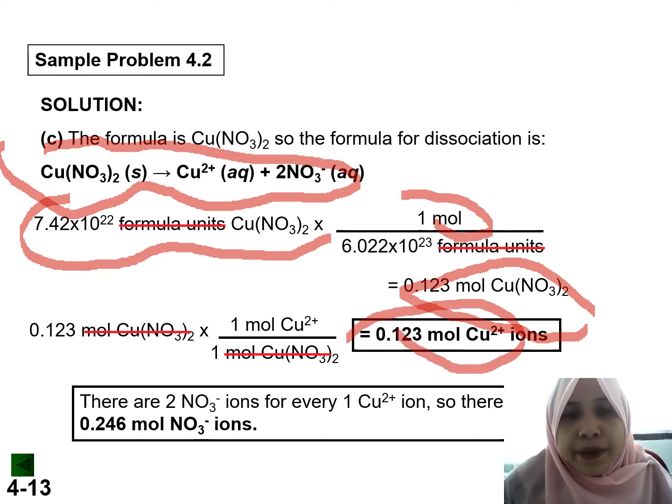And since 1 mole of copper nitrate solid dissociates into 2 mole of nitrate, that's why we need to multiply with 2 to get the mole of nitrate ion.